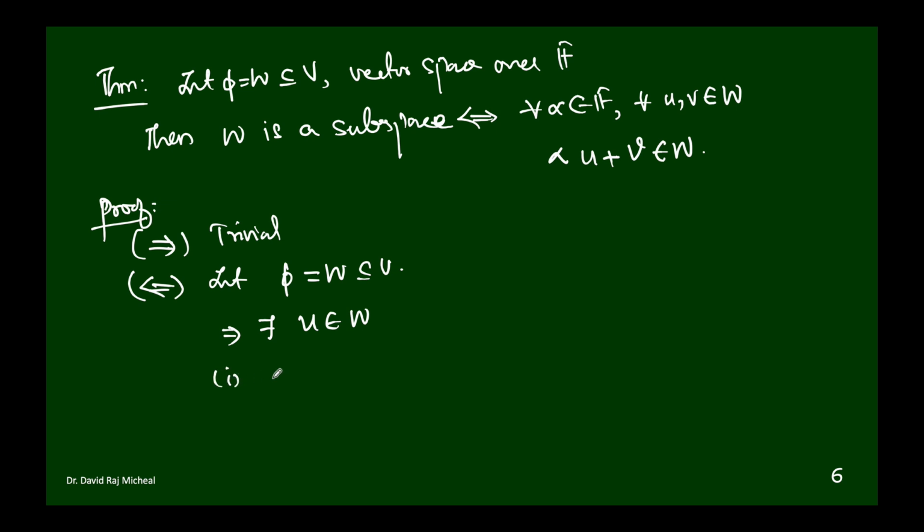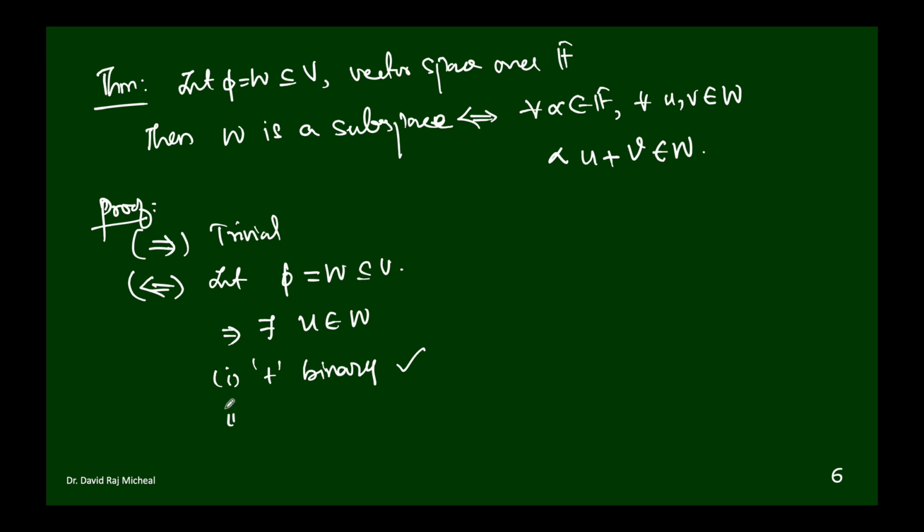The first property is the closure property, which checks whether plus is binary or not. Clearly it is binary, because that is the hypothesis given here: for every alpha in F and for every u, v in W, alpha times u plus v belongs to W. So the binary property is already satisfied.